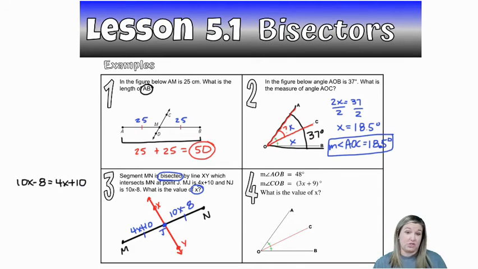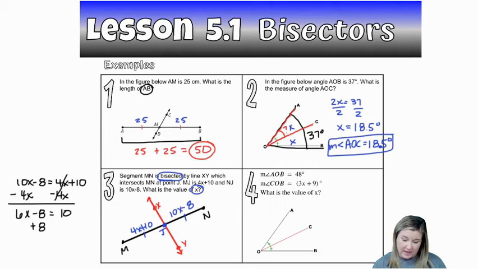And then I'm going to just solve. I'm going to move 4x to the left. And so I have 6x minus 8 is equal to 10. I'll add 8 to each side, and 6x is equal to 18. Then divide by 6, and x is equal to 3.